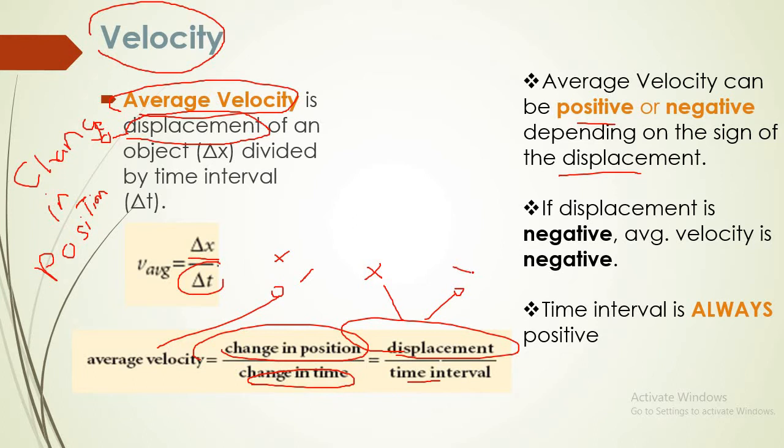If the displacement is negative, the average velocity will be negative. If the displacement is positive, the average velocity will be positive. But the time interval is always positive.